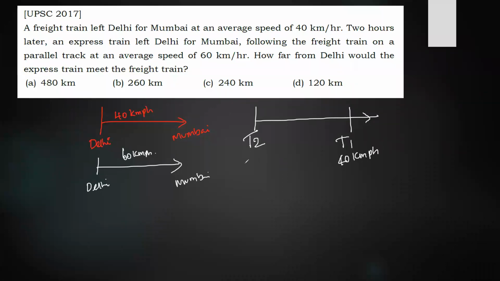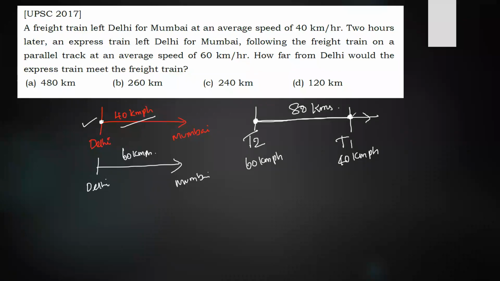So 2 hours later. I already told you that before starting the question, find the distance between the 2 trains. This is train 2, this is train 1. After 2 hours only train 2 is going to start, right? Train 1's speed is 40 kilometers per hour. This one is 60 kilometers per hour. So before starting, the distance between the 2 trains is 80 kilometers.